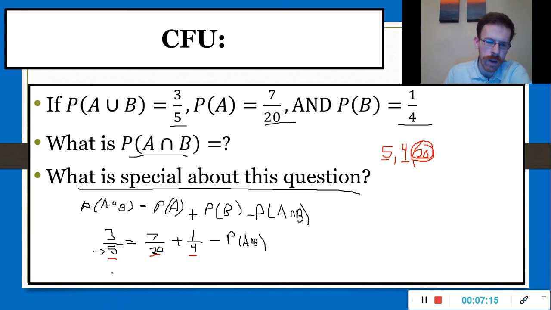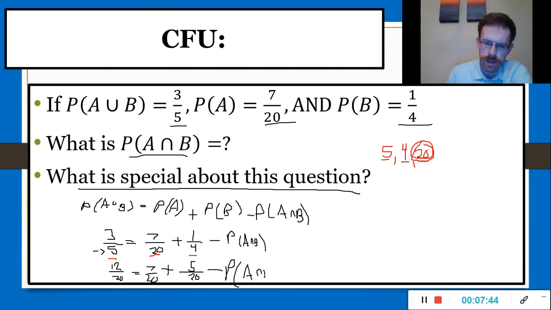What do you multiply 5 by to get to 20? Well, it's 4. What's 3 times 4? That's going to be 12 over 20, and 7 over 20 is the one that didn't need to change. Now, what did you multiply 4 by to get 20? That's 5, so that's going to be 20 on the bottom. And what is 1 times 5?